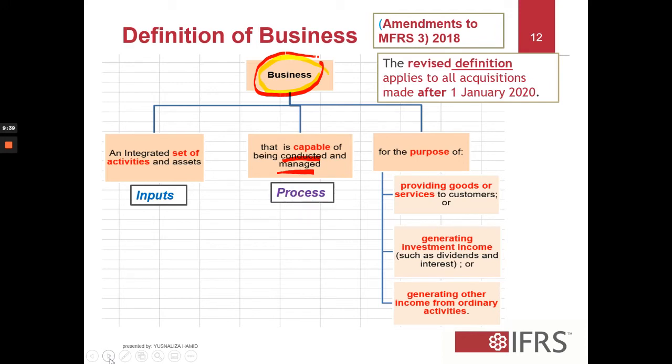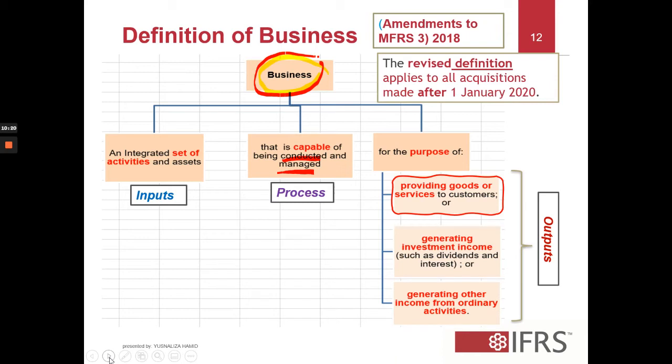for the purpose of, and when you conduct and manage, that is called process. What is the purpose of the business? Business normally has the purpose to provide goods or services in the ordinary course of business to the customers, or some businesses do not provide goods or services, but they generate investment income such as dividends and interest, and also generate other income from ordinary activities, and these are considered as outputs.